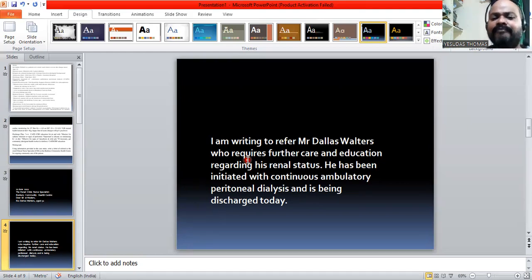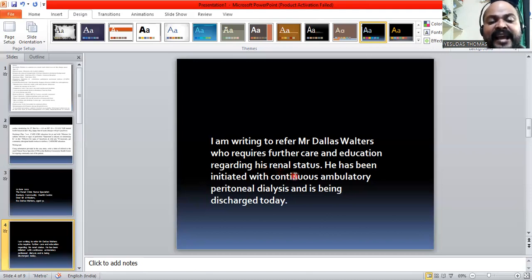So we have said regarding his renal status, you understand his renal status is not satisfactory. So he has had renal problems for the past 4 years. So he has to get his education updated regarding his renal status.